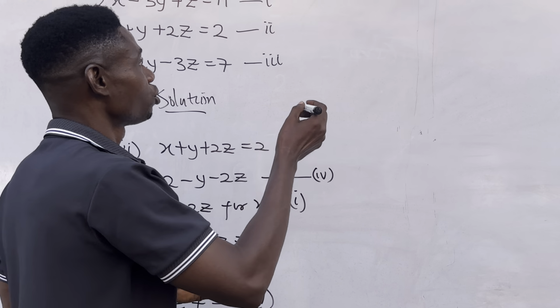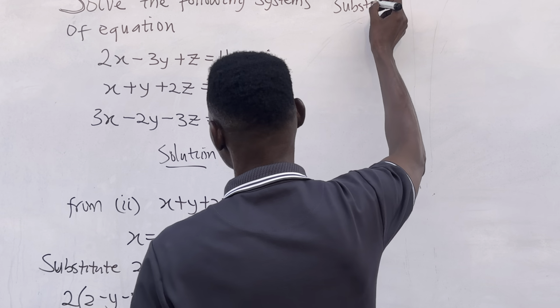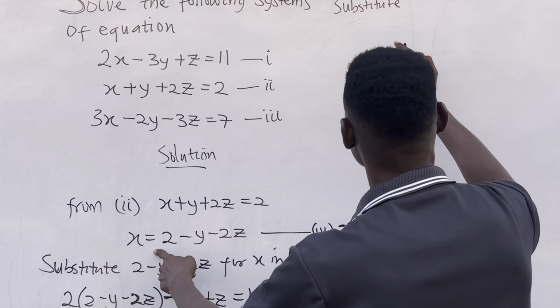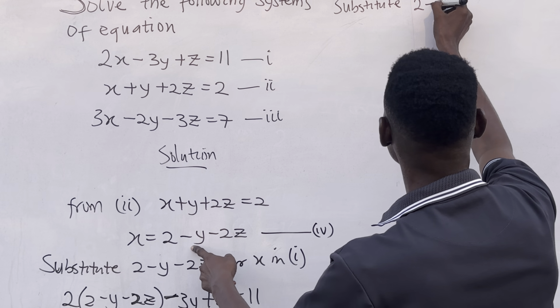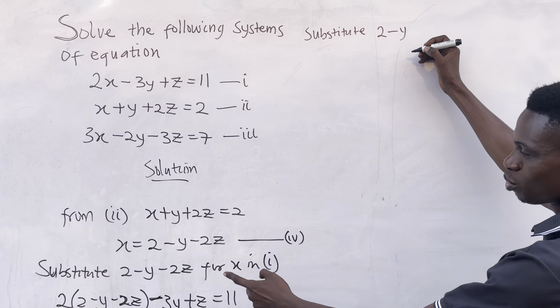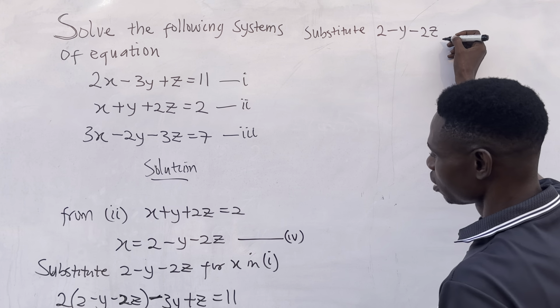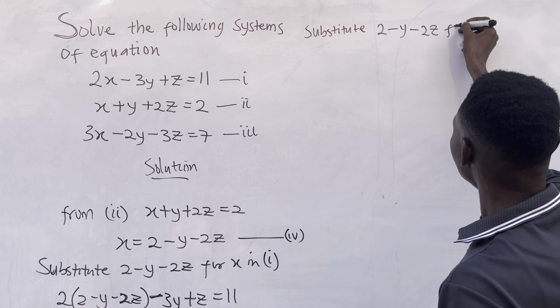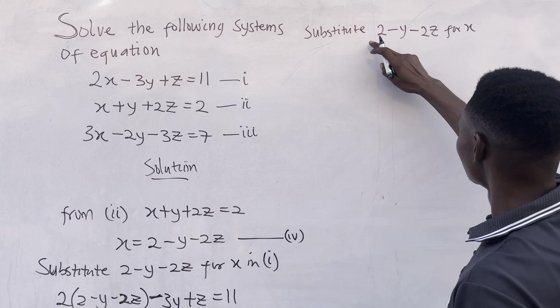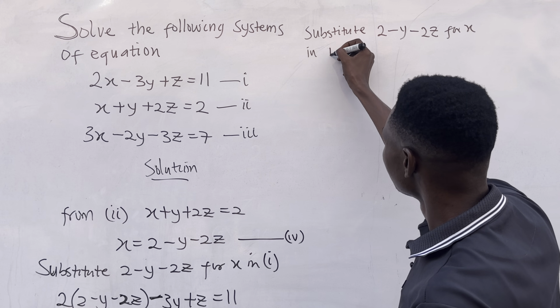We'll substitute 2 minus y minus 2z for x in equation 3.